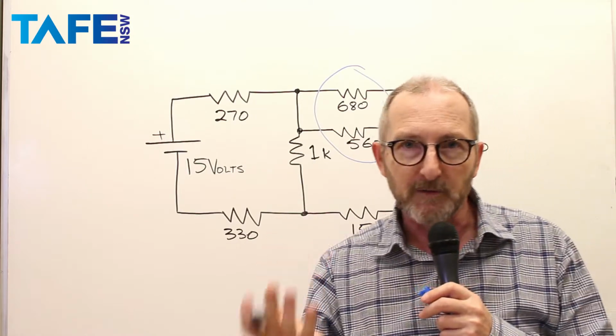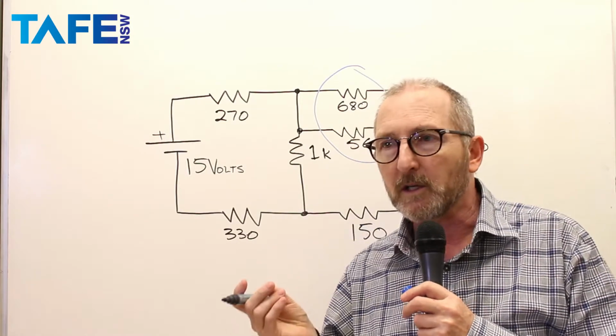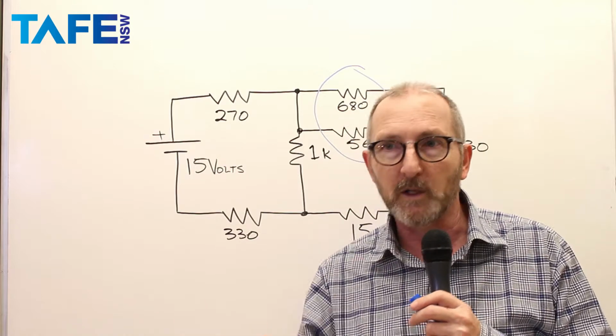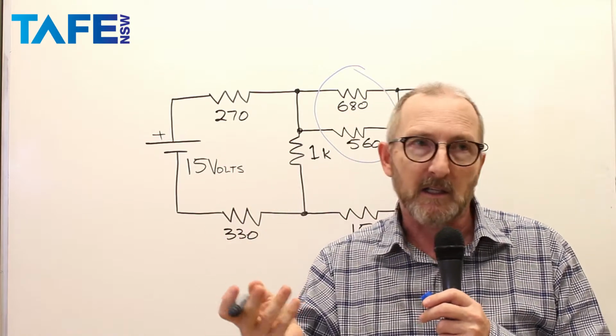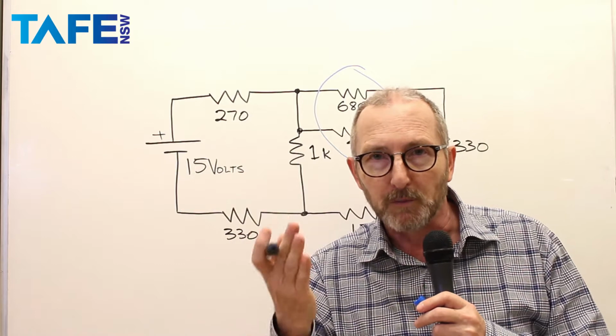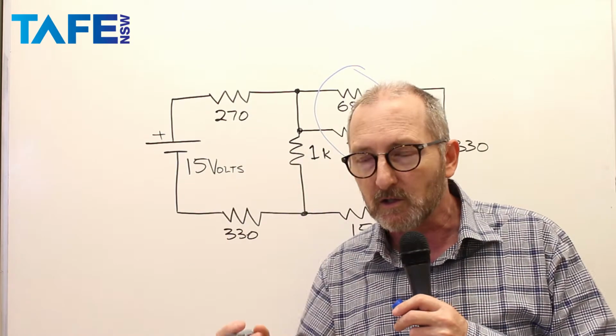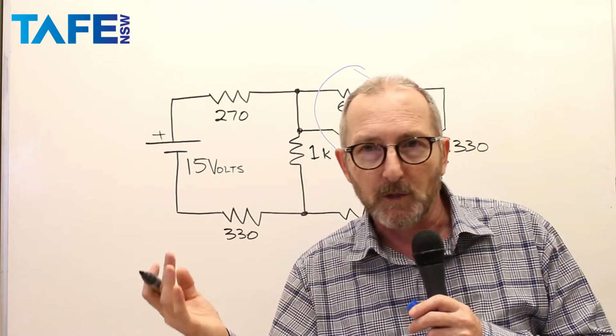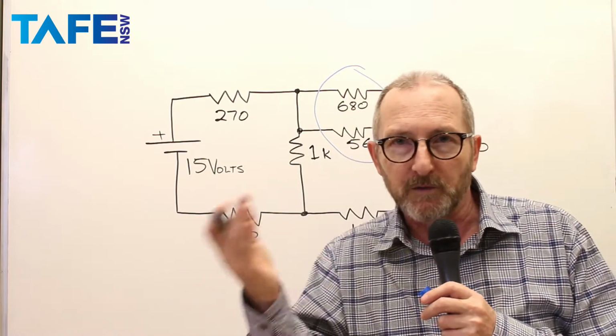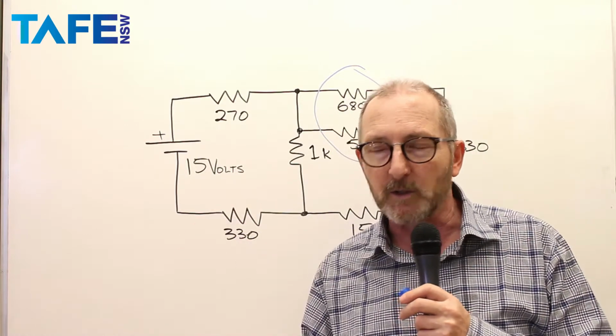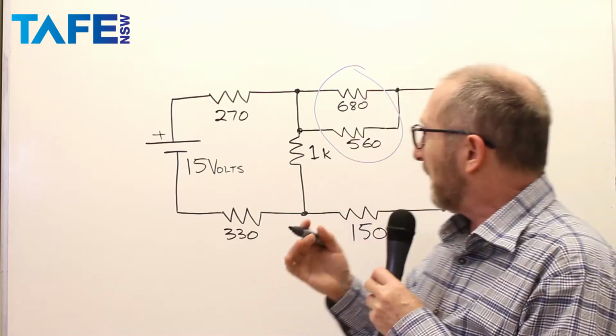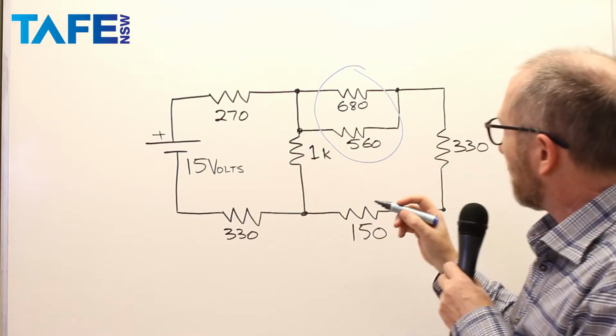We can use the sum of the conductances, product over sum, R over N where you've got multiple identical value resistors, or simple Ohm's law with R equals V on I.